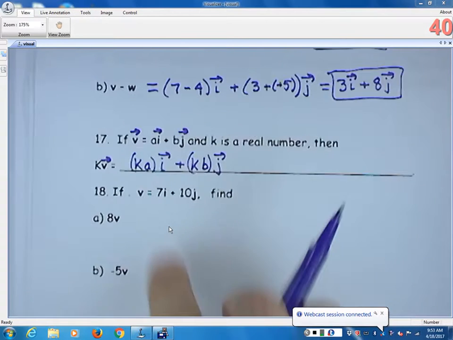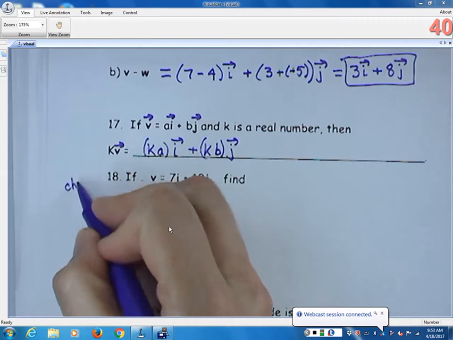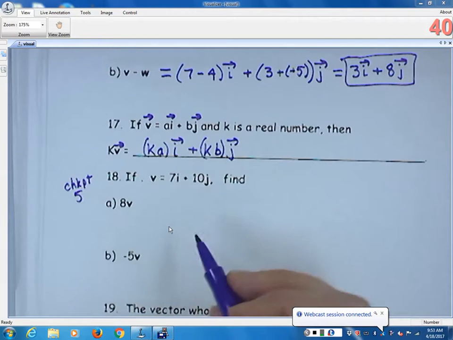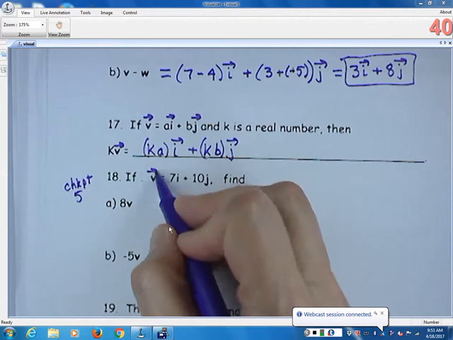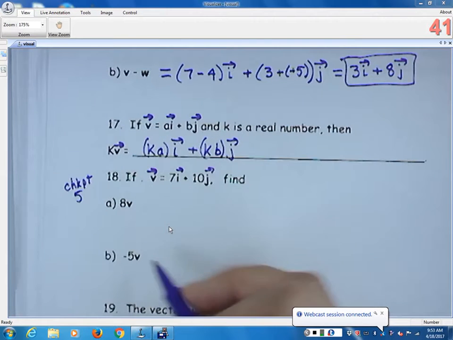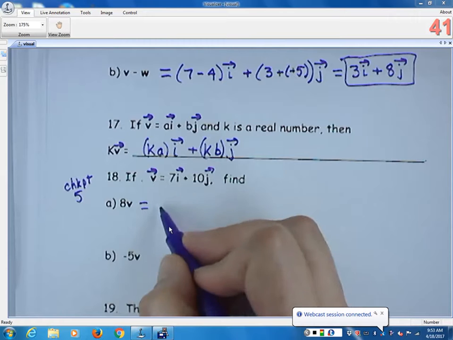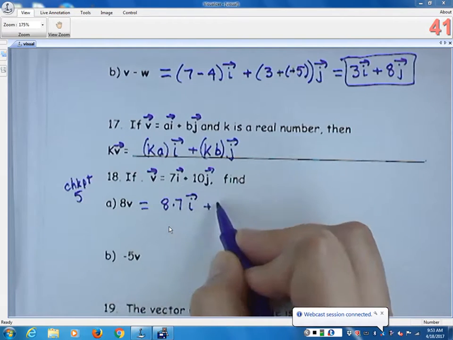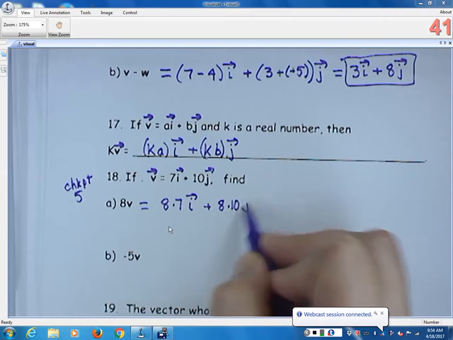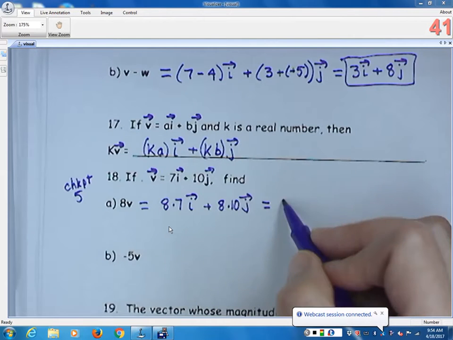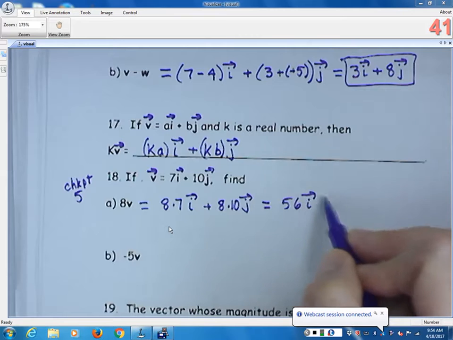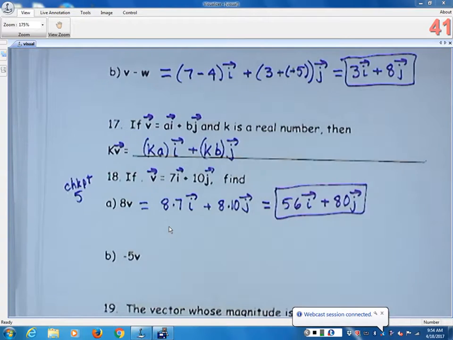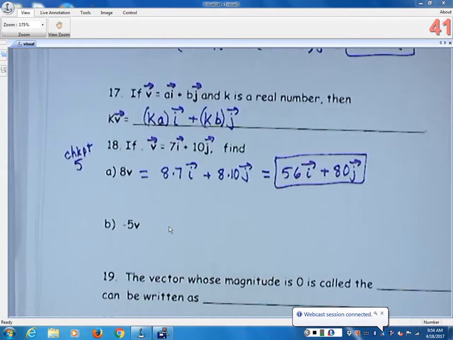So the next one, this is checkpoint 5. Find 8 times B. B is this. So that's 8 times 7, I plus 8 times 10, J is 56 I plus 80 J. We're just distributing the 8.